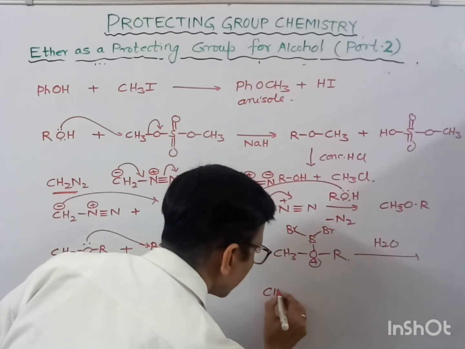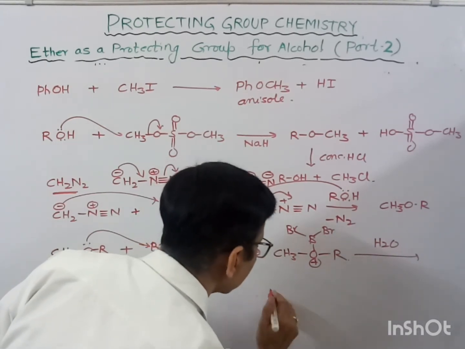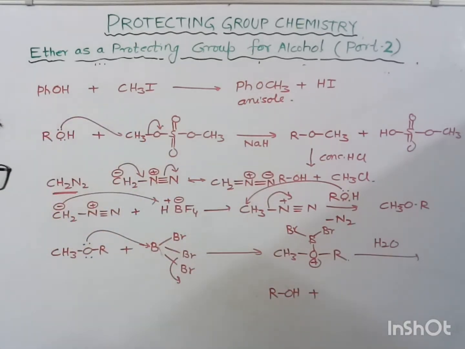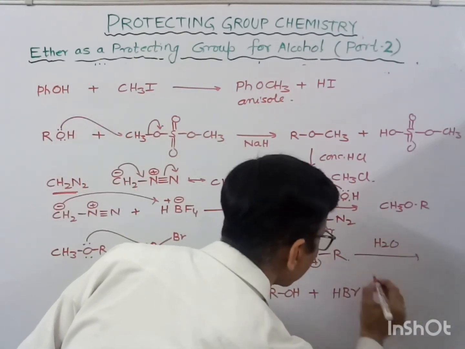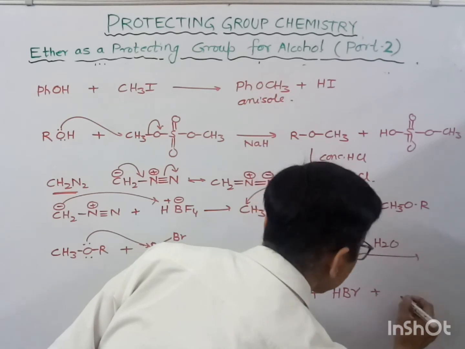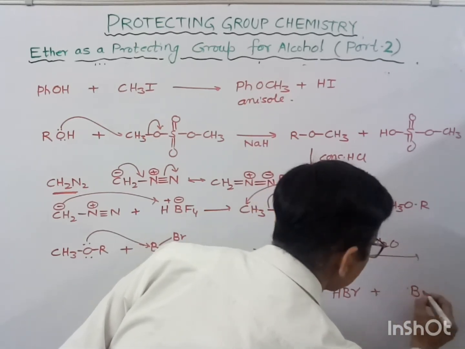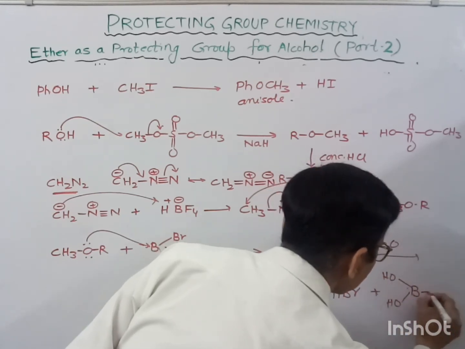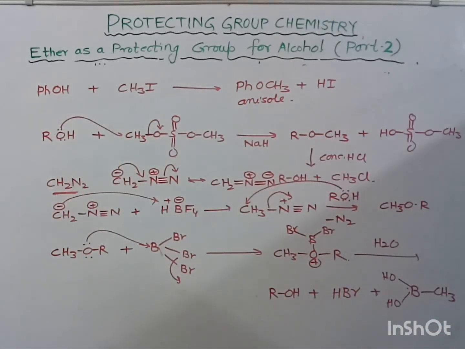We get the alcohol, plus this HBr, and we will get boronic acid. Like this. So this would be the product. Okay, so thank you.